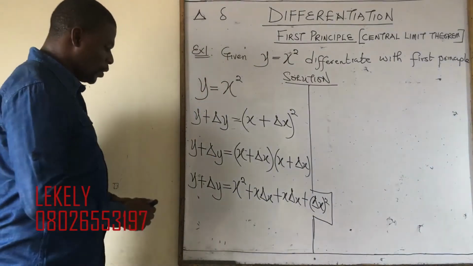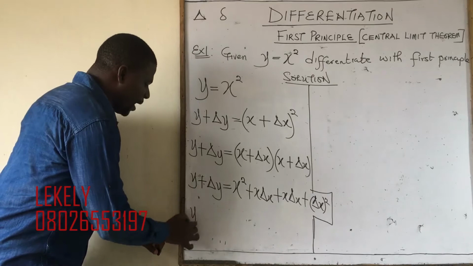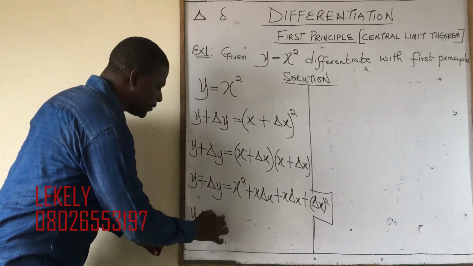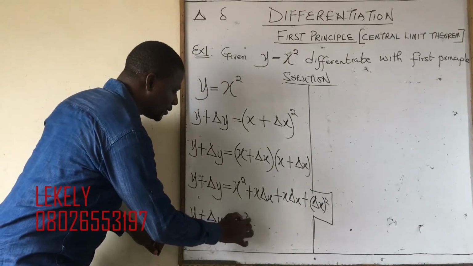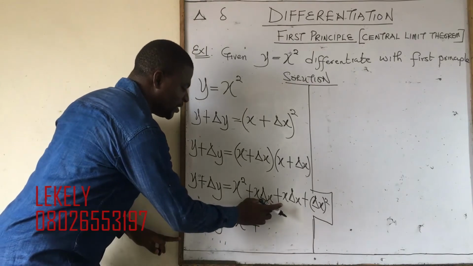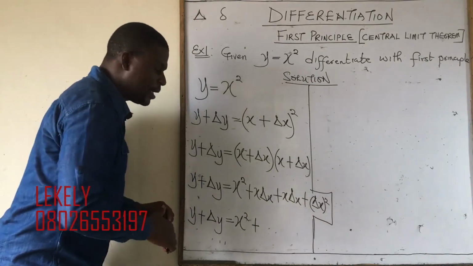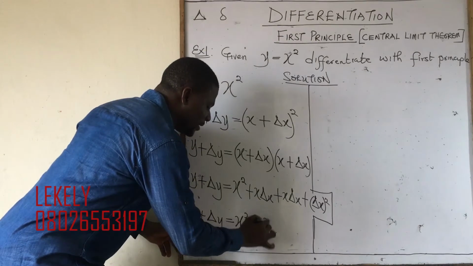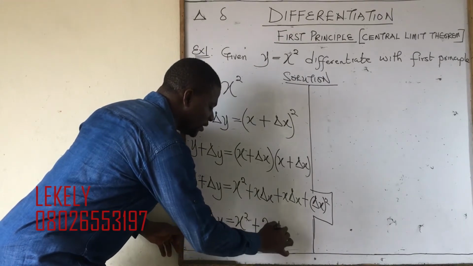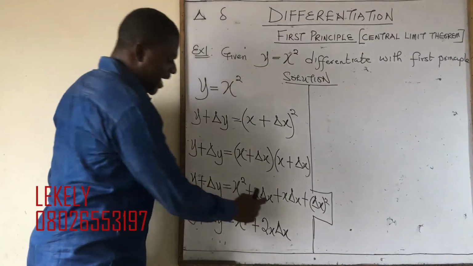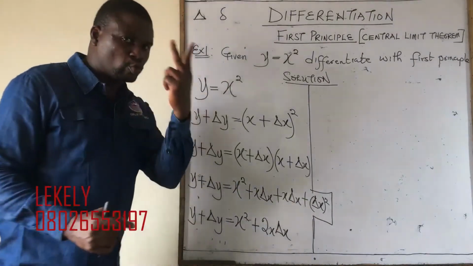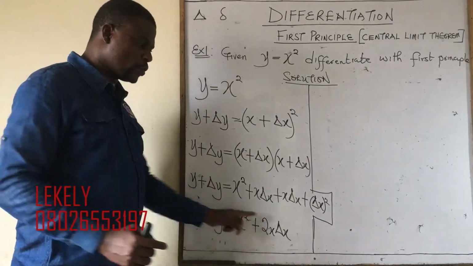You see that? So from here, I'm going to say y plus change in y equals x squared plus, this is x change in x, this is x change in x. By the time you add it together, that is 2x change in x. You see that? X change in x in two places. That's why you have 2.